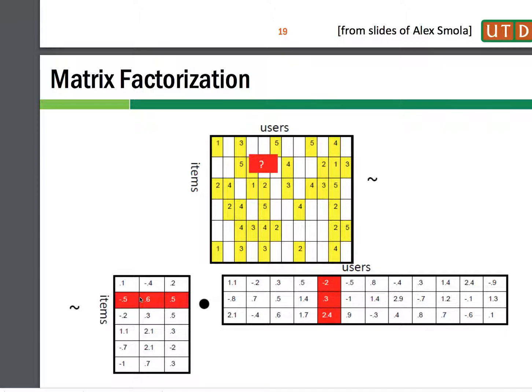So 1, 2, 3, 4, I believe. Wait, am I wrong? I don't know. Anyways, you need to multiply the corresponding row and column of the unknown spot to calculate the prediction of what they will rate that movie.